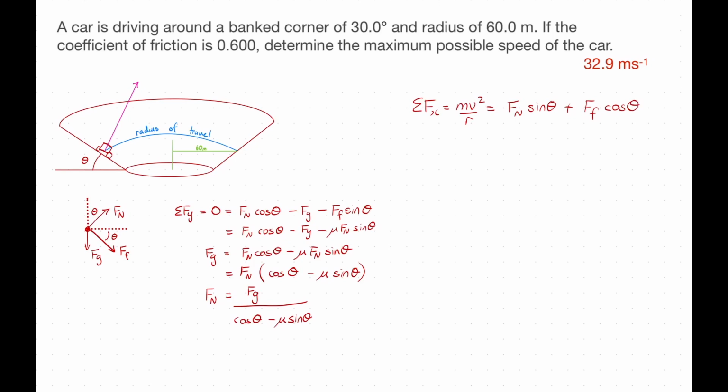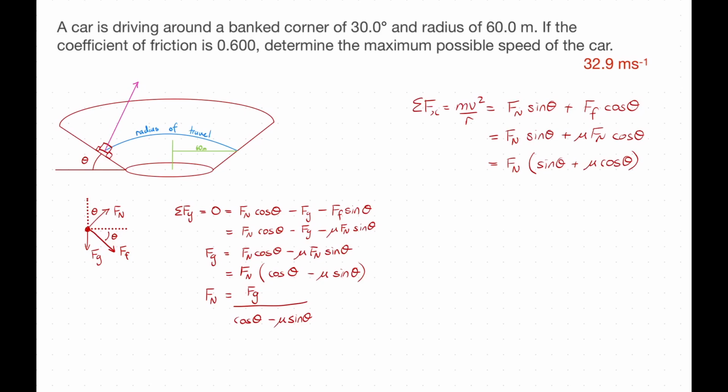Again, I'm going to solve my force of friction in terms of the normal force. So I then get Fn sine theta plus mu Fn cos theta. Factoring out my Fn gets me Fn outside of sine theta plus mu cos theta.